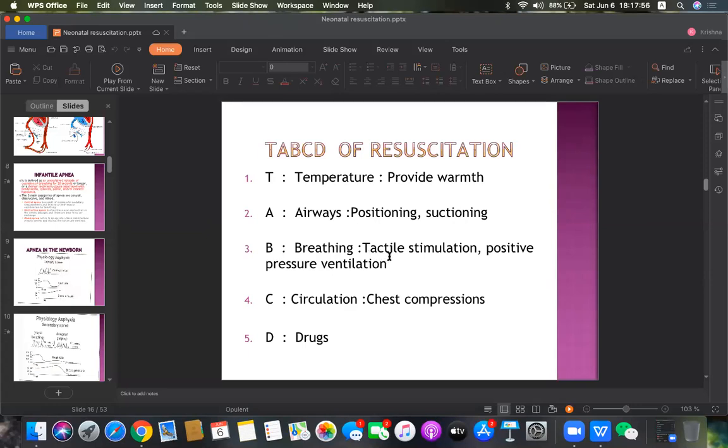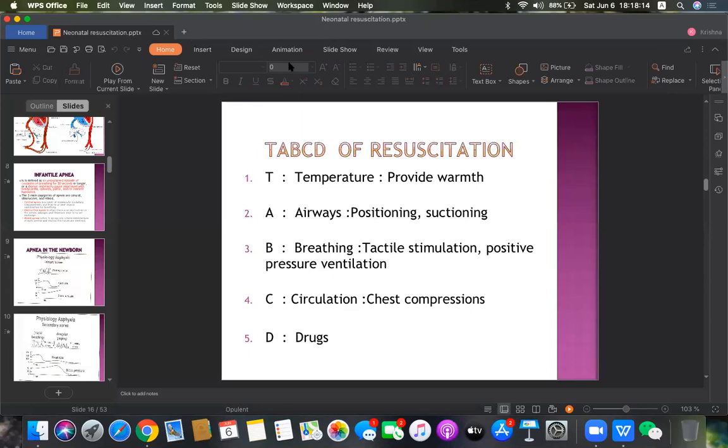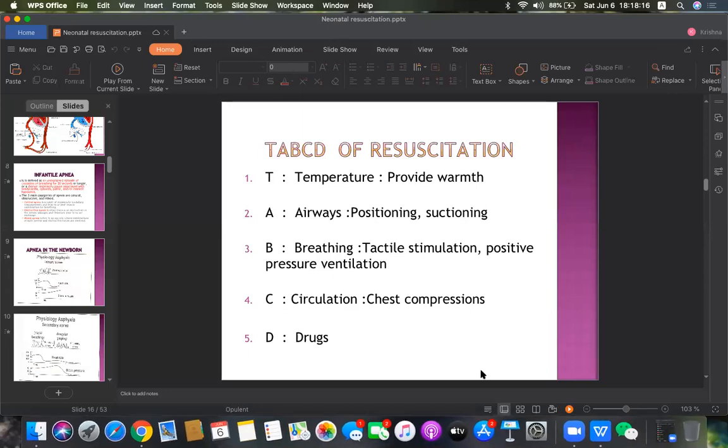In the beginning, if the baby is not breathing, you stimulate the baby by touch. This is called tactile stimulation. We can give that by rubbing the back of the baby or flicking the sole of the baby. If that doesn't work, then I'll go for positive pressure ventilation. That is done by Ambu bagging.